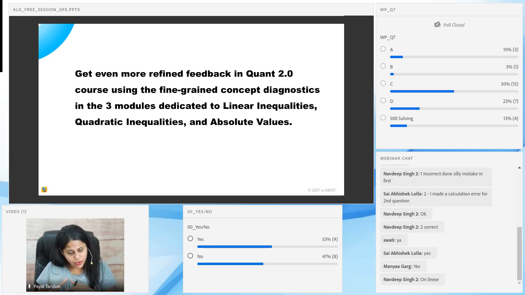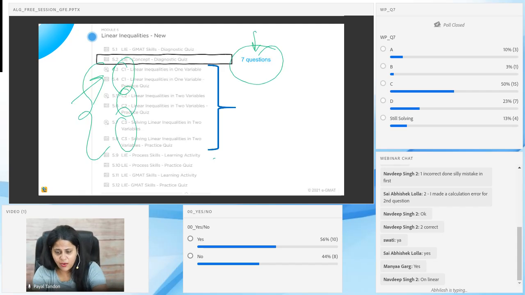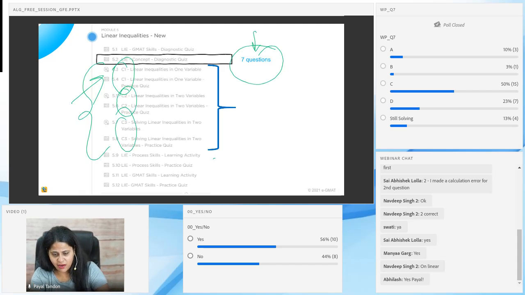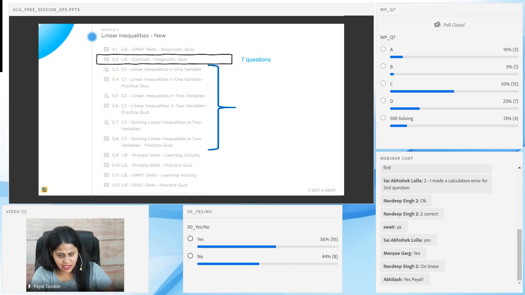Now, when you go into the course itself, the Quant 2.0 course, and somebody had mentioned PACE, I think that was you, Abhilash, right? So when you go into the actual course, for linear inequalities right now, we had only 3 questions covered in the session. But in the actual diagnostic for concepts, there are 7 questions. And utilizing your performance on these 7 questions, the system decides which of these 3 concept files you should spend time on.